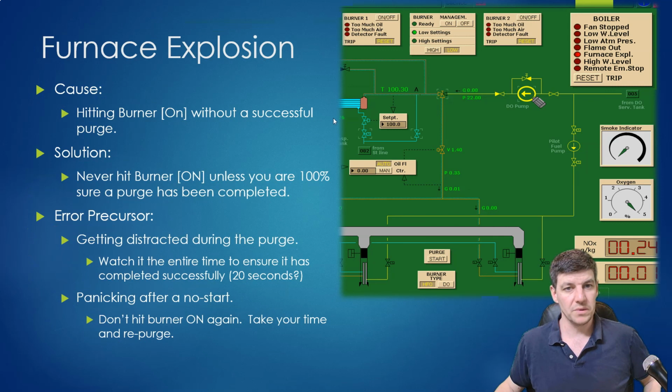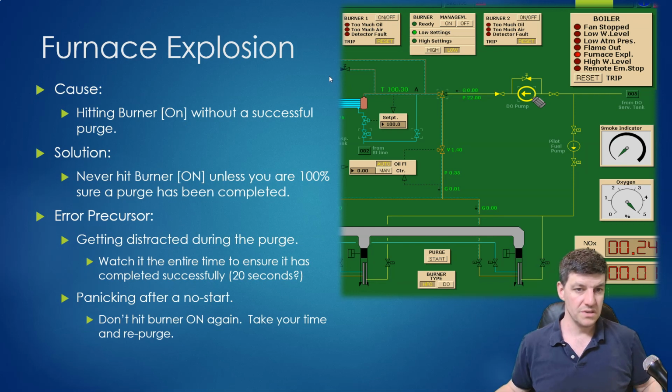So if we talk about the summary on our furnace explosion, the cause, always 100% of the time, is hitting this button without a proper purge being done. So that's how a furnace explosion happens, is hitting that on-off button. So be very careful.